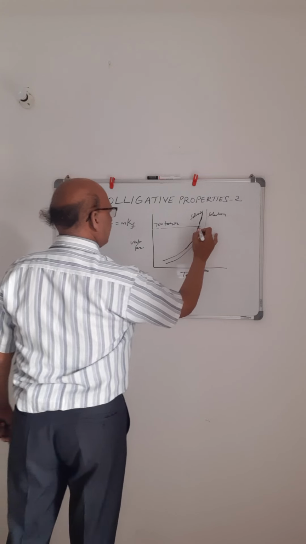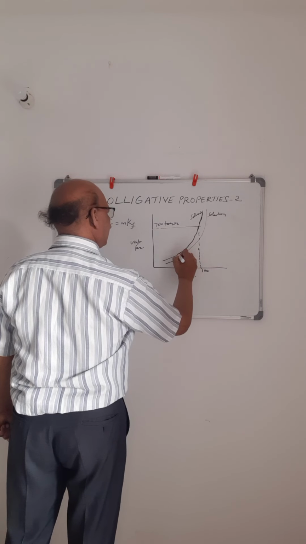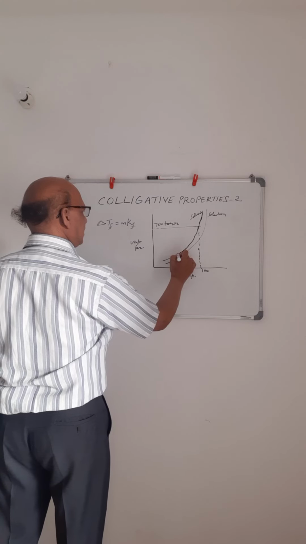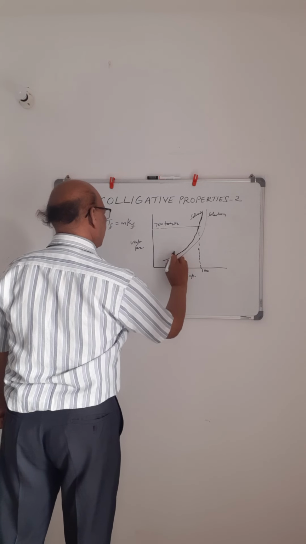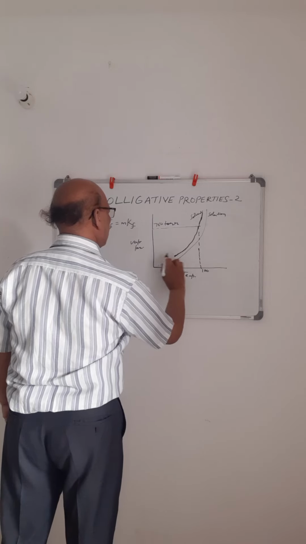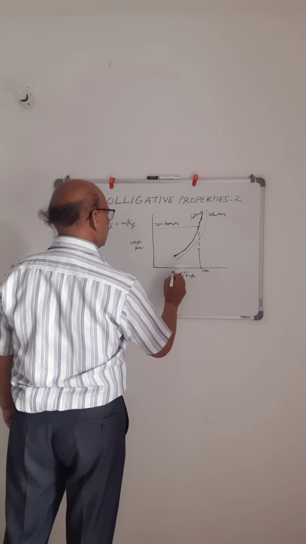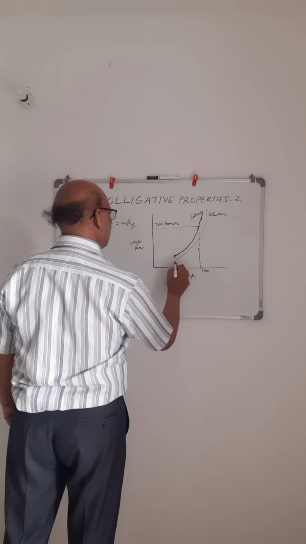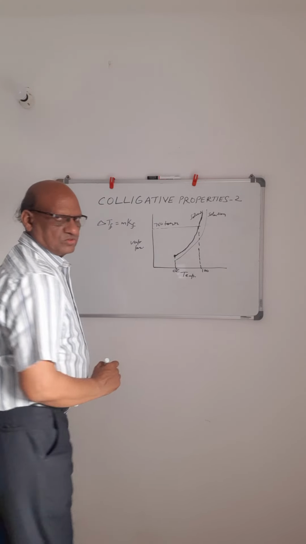Suppose I am cooling the water, so its vapor pressure is getting reduced. As the temperature reduces, the vapor pressure is getting reduced. Suppose here I get pure ice. Here it gets frozen, say at 0 degrees Celsius.